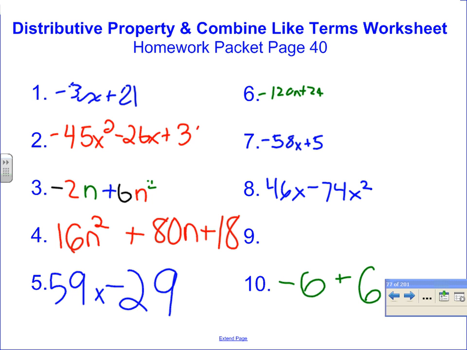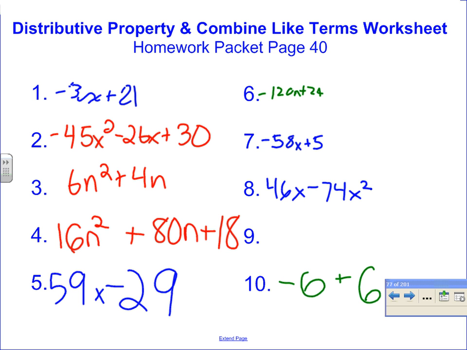Good job. Okay, number 3 is not right. Okay, number 3, Annalise. Good job. Number 4 is, oh, Jeremy, you got to raise your hand. 16n squared plus 80n plus 18.